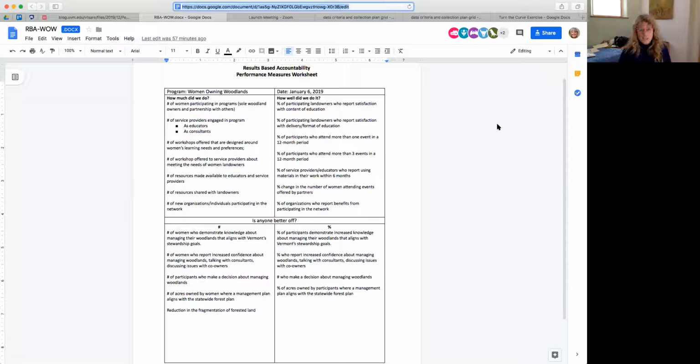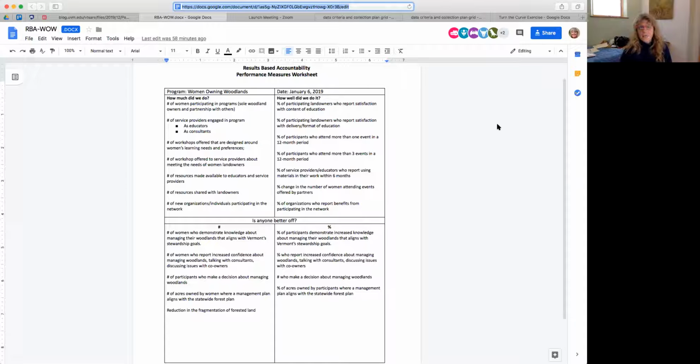They're the last landowner. And Vermont's forest planning, I can't remember the name of the document, has a plan to reduce fragmentation and to implement more kinds of ecologically oriented forest management practices across the state. And so women are in this unique position to help achieve those statewide goals.